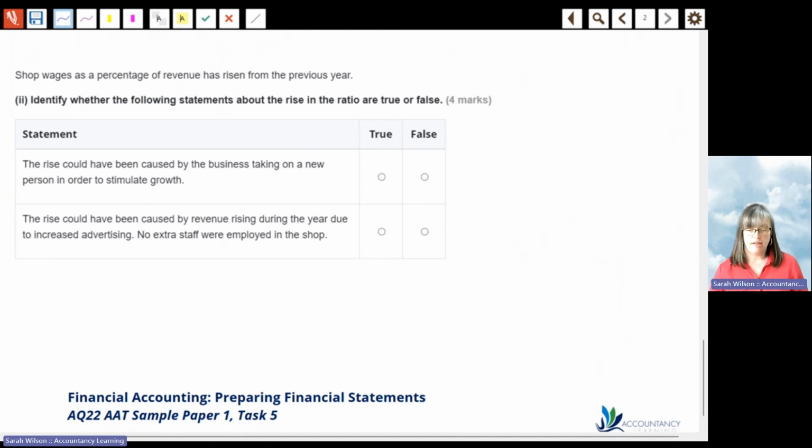Now we're given another true-false question to answer. And we need to identify whether the following statements about the rise in the ratio are true or false. So the first statement is the rise could have been caused by the business taking on a new person in order to stimulate growth. So this could be true.